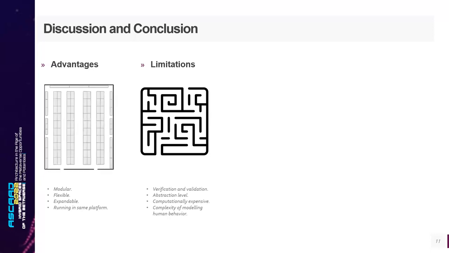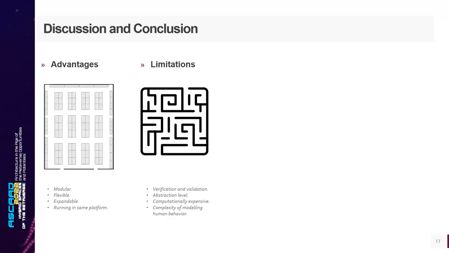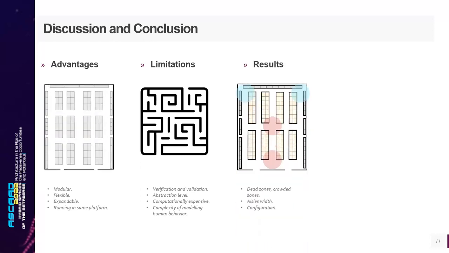However, there are certain trends. So we can say that the simulation results can be used as learning models rather than being used for forecast and predictions. The results showed us possible dead spots and possible crowded spots.